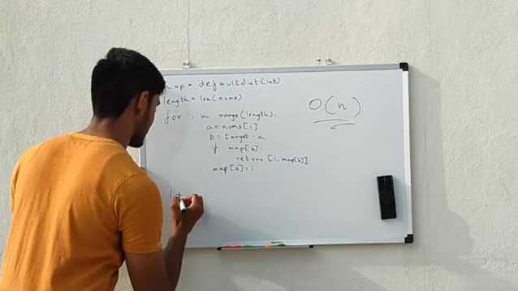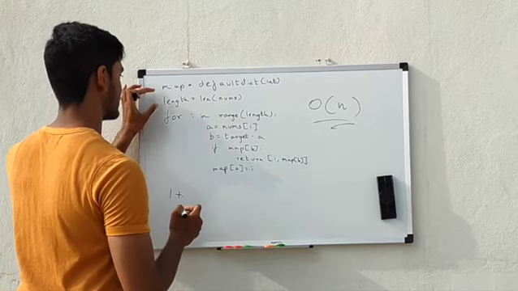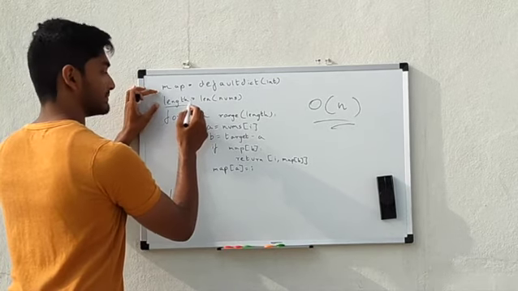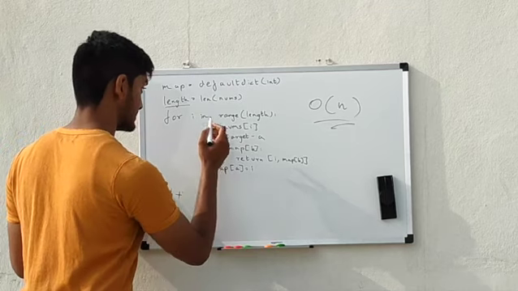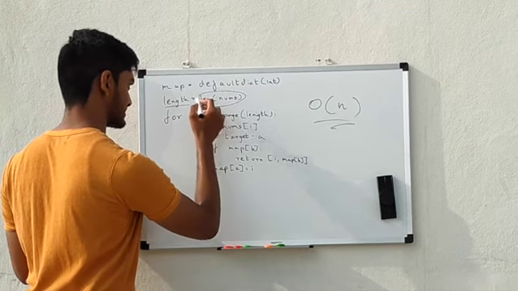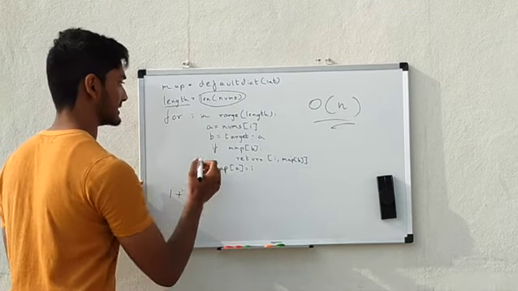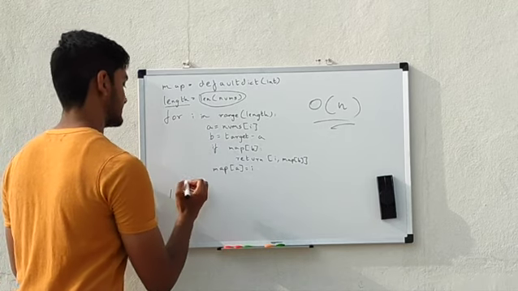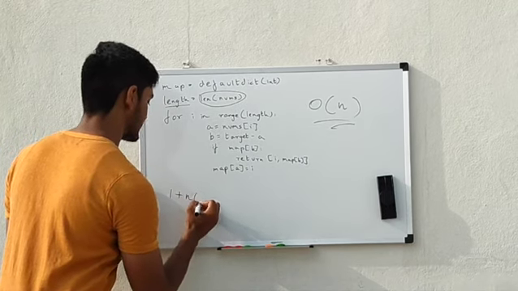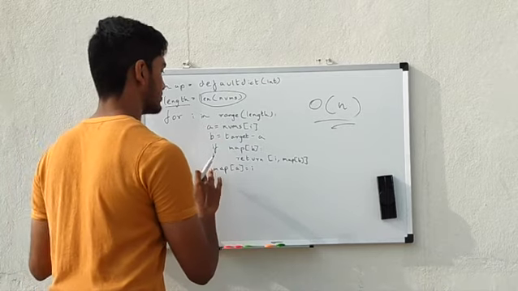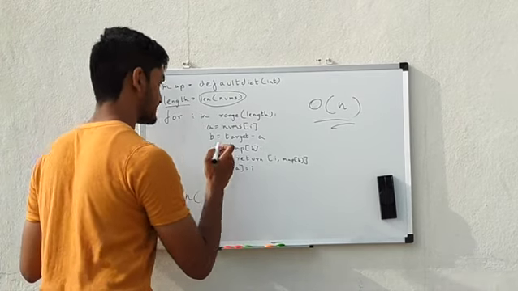Here we are saving the length of nums. We're doing it once. Variables don't take time. So that's it. This is a function, so we'll take one time for that. For now we'll jump into this. The for loop takes n time. But in the for loop we'll look at each and every iteration.